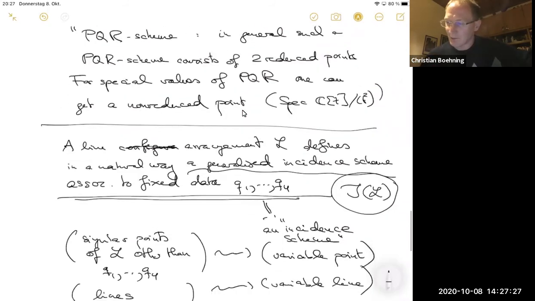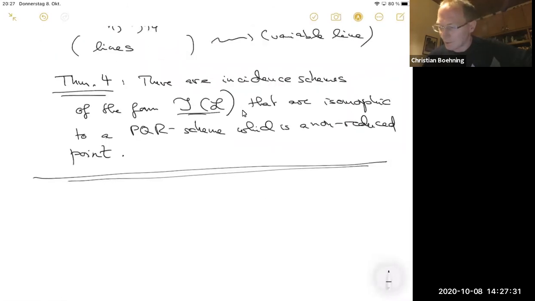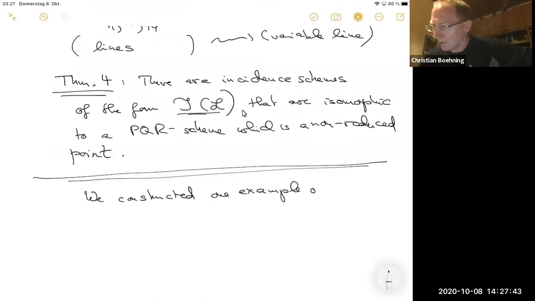So we find suitable PQR that do the job, and then we constructed one example of such a line arrangement.